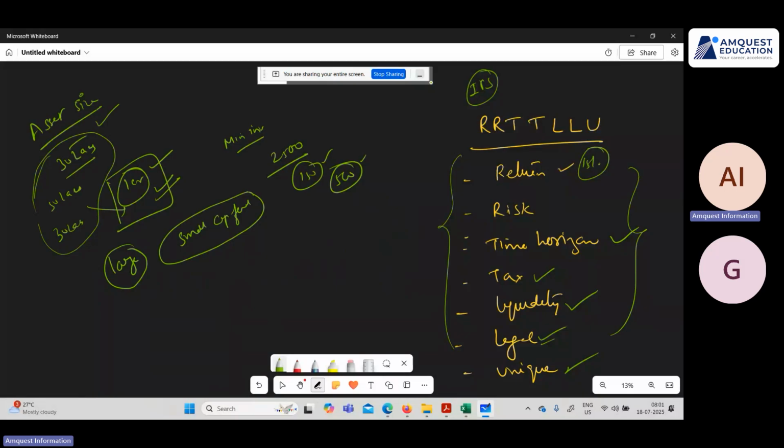You go to any mutual fund, you try a small cap fund, while a large cap fund or other funds do allow you to invest 10 lakh rupees immediately as a lump sum amount. But most of the small cap funds say that you can invest only 25,000 per month per PAN.